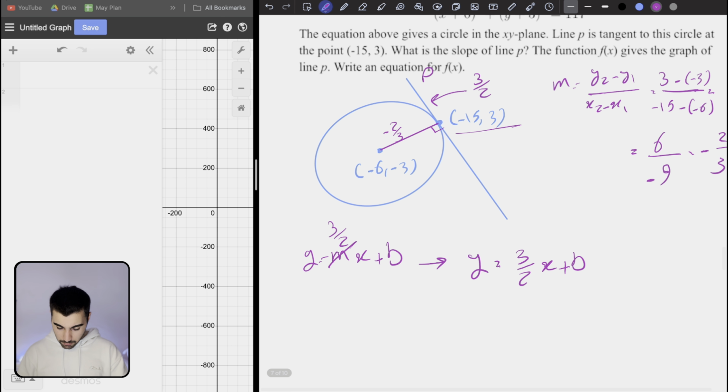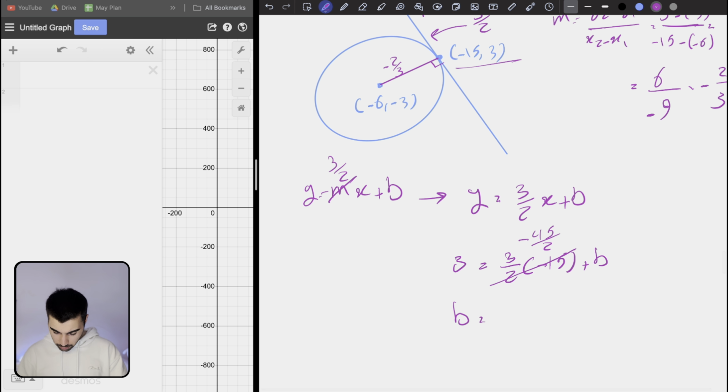So let's plug that. 3 equals, so 3 goes into y and -15 is going to go into x. 3 equals 3 over 2 times -15 plus b. Here, this is going to give us -45 over 2. So b is going to be 3 plus 45 over 2.